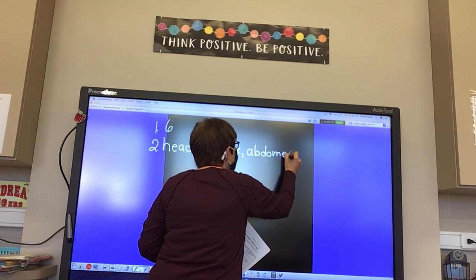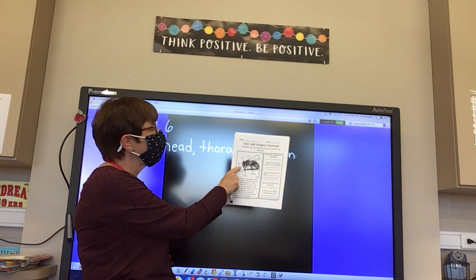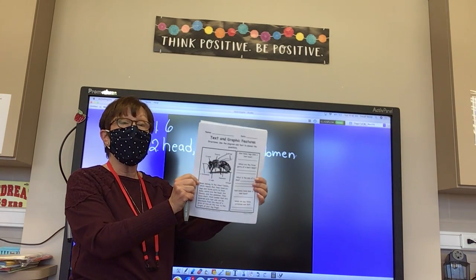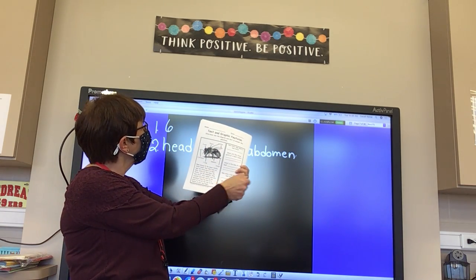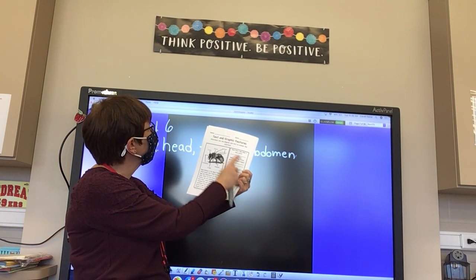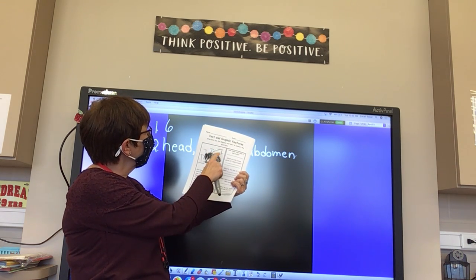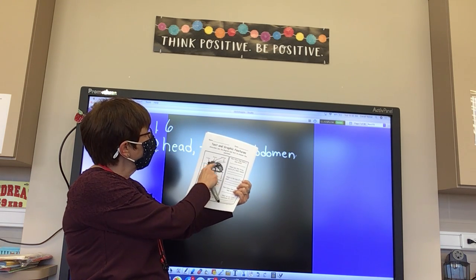And we don't even need to worry about spelling them because they are right here. We can look on our diagram, and we can see the thorax. We can see the abdomen, and we can see the head right here, although it is not labeled.